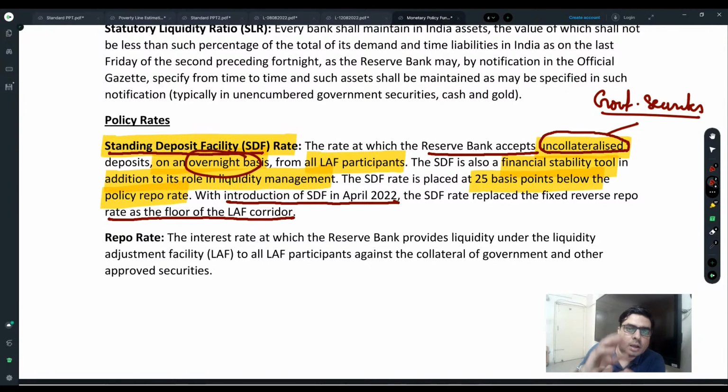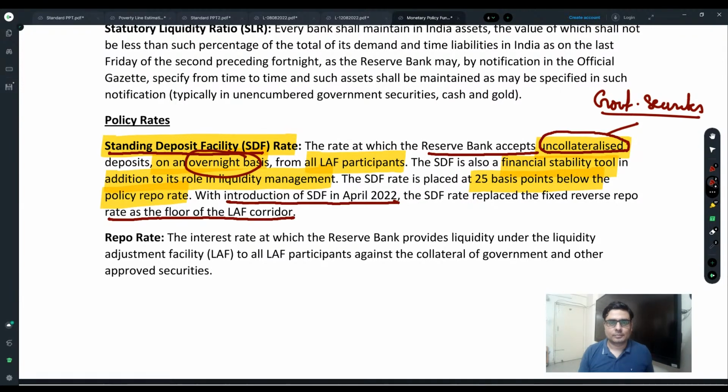Here they are talking about excess liquidity on an overnight basis. That overnight liquidity, which may hurt interest rate stability in the market, is why this was introduced. SDF is not like you can park your money for 6 months or 1 year or 10 years. It's not like that. That is an overnight facility.